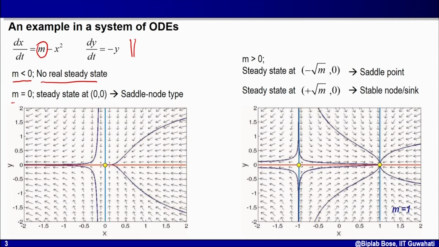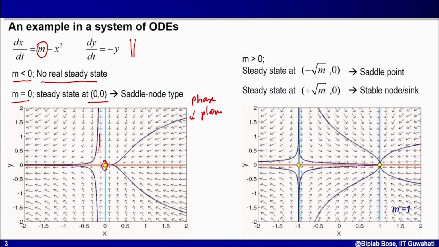When m equals 0, you have one steady state, that is (0, 0), and I have drawn the phase plane here. You have seen it earlier, with (0, 0) as the yellow dot, which is a saddle node type.